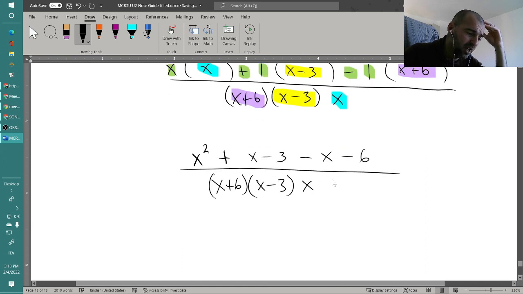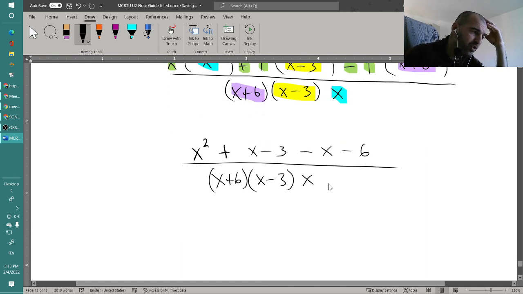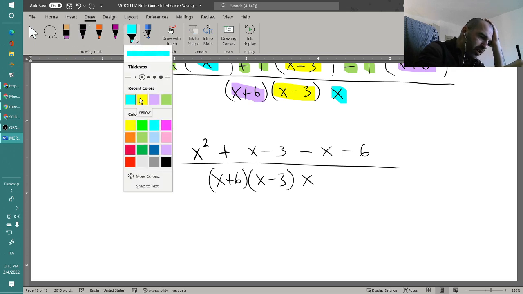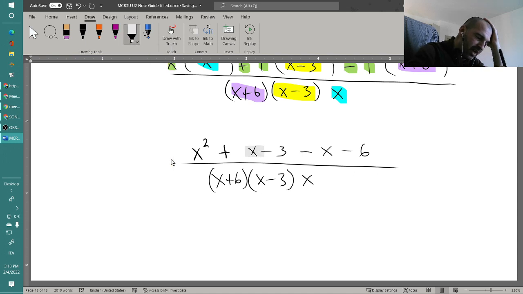And now, as we move further down in this question, at this stage in the game, we only have very few things left to do, and that is we must combine some like terms. So I've got an x and an x, those are like terms.